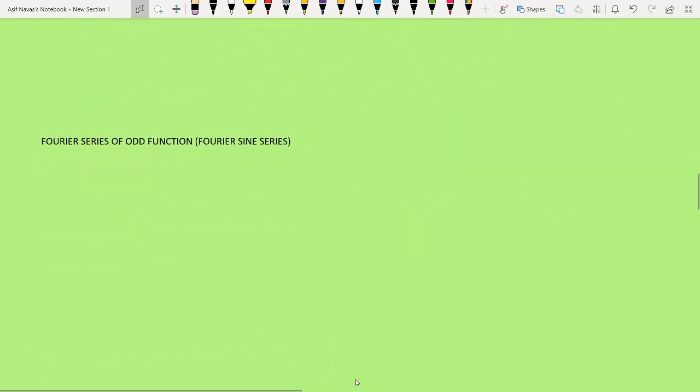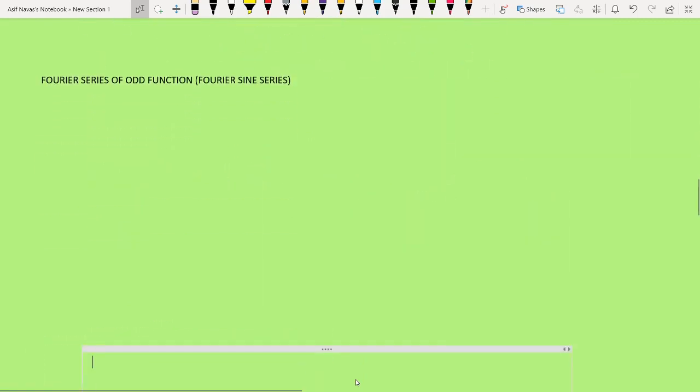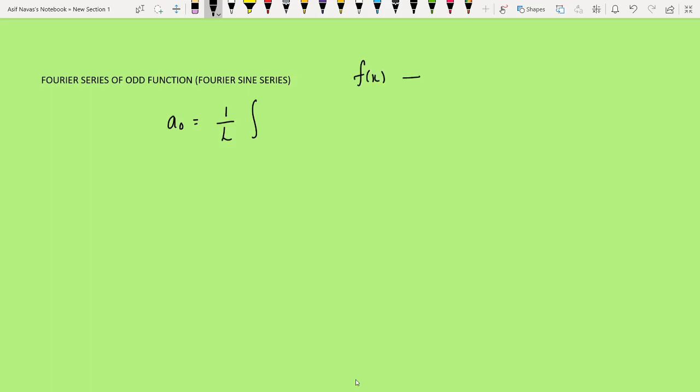Similarly, what will be the Fourier sine series? For an odd function. Okay, I will write what is A naught: 1 by L integral. So now my function f of x is odd and defined on the interval minus L to L. Tell me what is A naught?